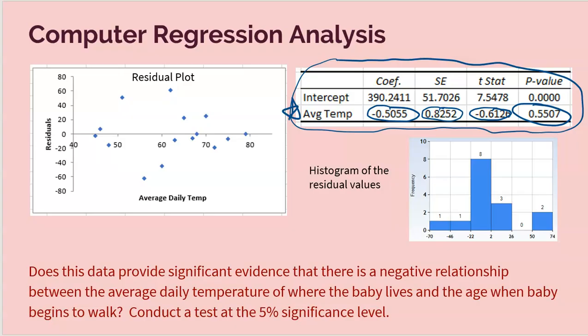So the p-value is based on an alternative of not equal to. Because they don't know if you want to go positive or negative. They just say, hey, here's the p-value for it to be something different. So if you take our p-value and double it, you're going to get something pretty close to 0.5507. Or if you do want to use the p-value 0.5507, you do have to cut it in half because this is a single-sided test. We only are looking for evidence of a negative relationship.